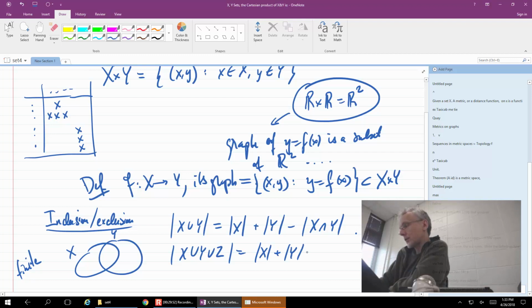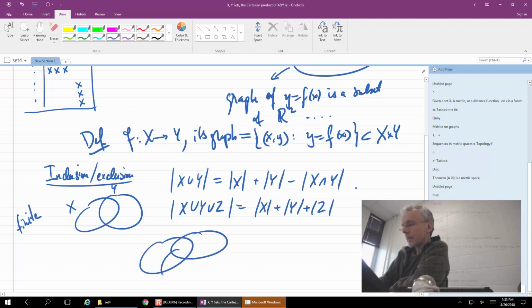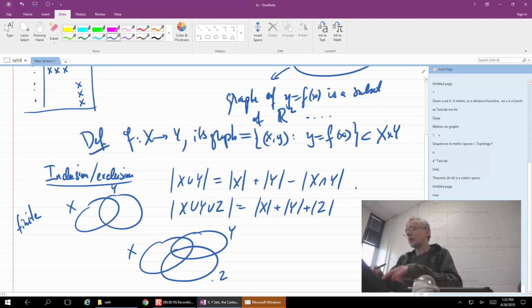X and y. Naturally, you start here, and then if I make a picture, you'll see that it is natural to assume that you just subtract the triple intersection, but that's simply not the case. So if I have 3 sets x, y, z, we need to make sure that we don't double count everything.